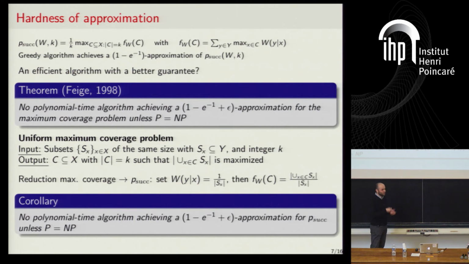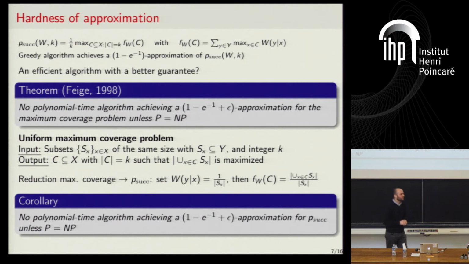Okay, for each x, we have a subset. And I'll look at the uniform version of that, where all the subsets are assumed to have exactly the same size. Okay, and you're also given an integer k. Okay, and your objective is to choose k of these subsets that cover the maximum number of elements in Y.